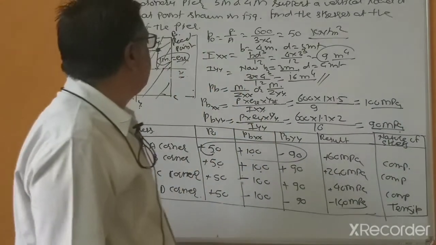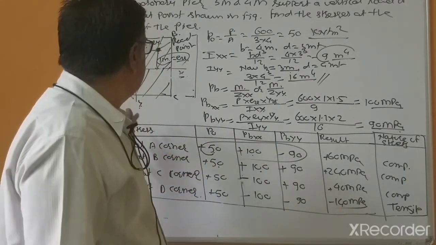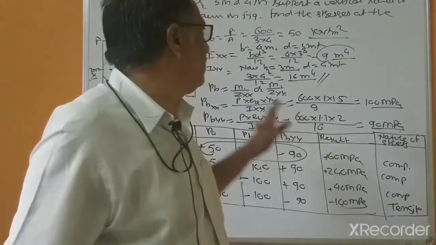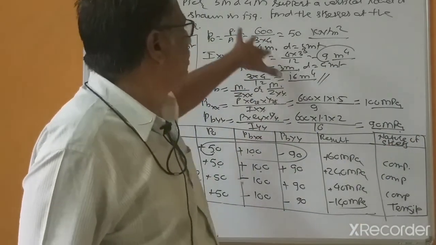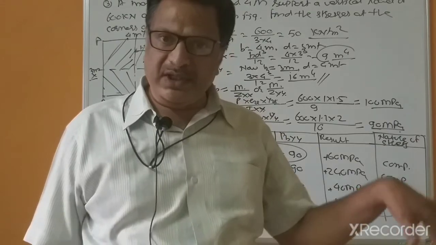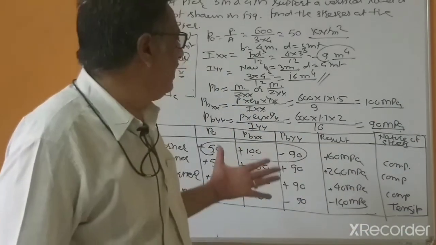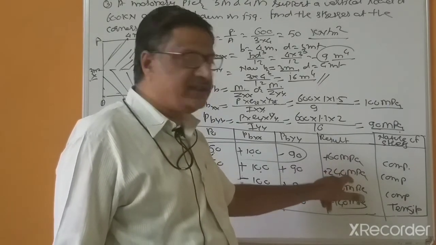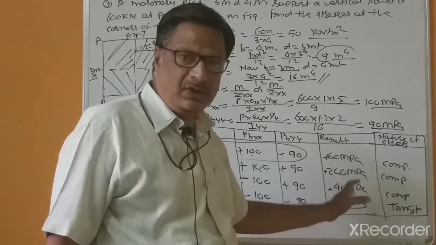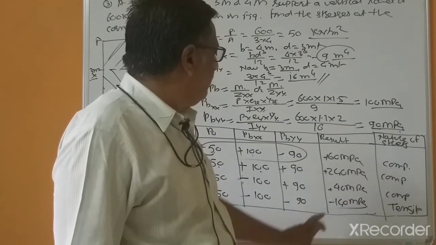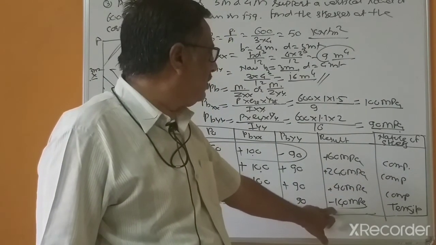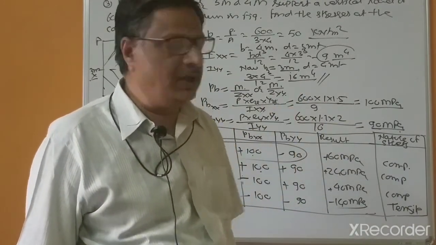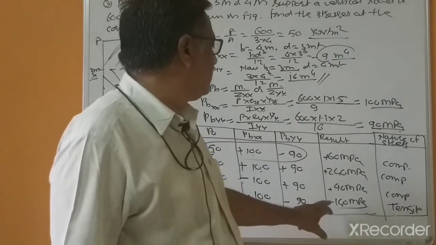But in this problem, the stresses at each corner are not equal because of these loads. If this load is increased, it will definitely balance, but all stresses induced at each corner should be compressive, and here one is tensile.